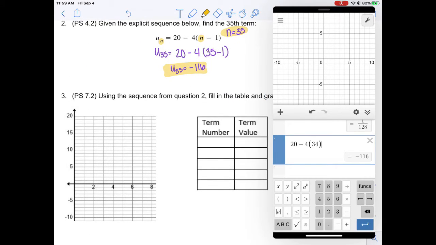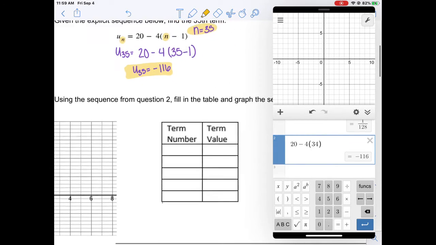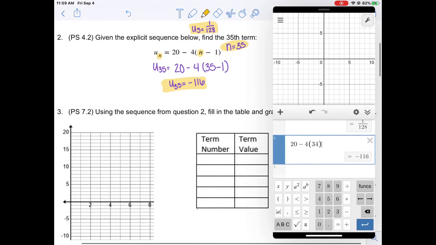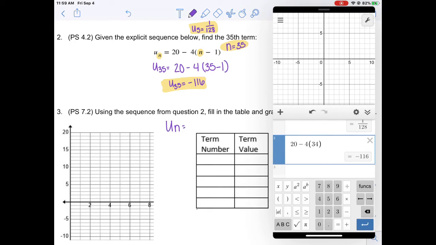Question number 3, using the sequence from question 2, fill in the table and graph the sequence. So we're using u sub n equals 20 minus 4 times n minus 1. And we need to fill in our table. So we have 1, 2, 3, 4, 5. First term, second term, third term, fourth term, fifth term. If I plugged in 1, what do I get? If I plugged in 2, what do I get? And so forth.